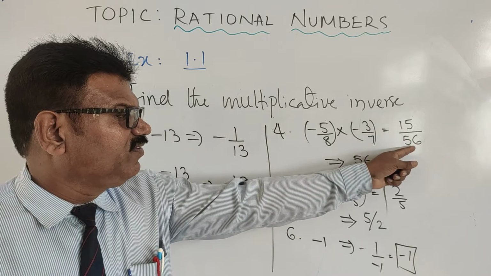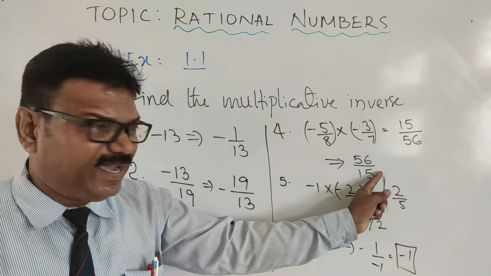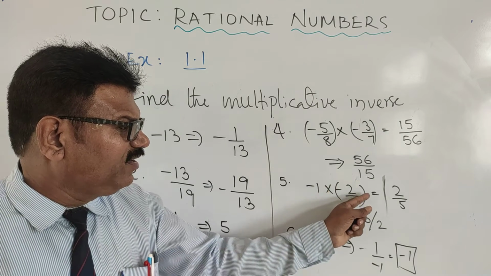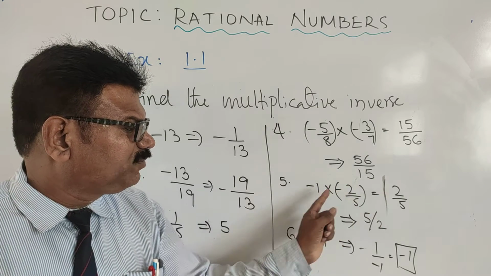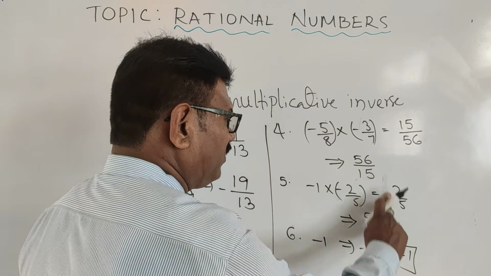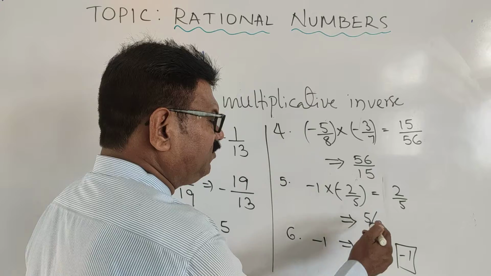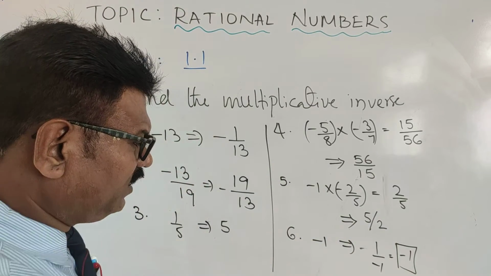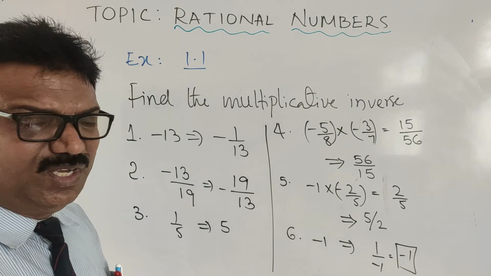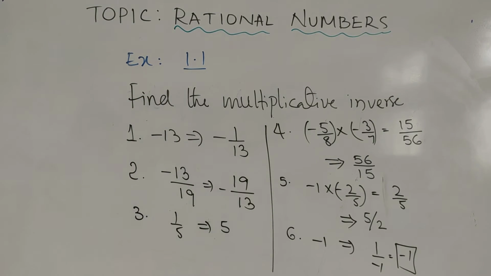We got 15 by 56. Therefore, the reverse is 56 by 15. Here minus 1 into minus 2 by 5 is plus 2 by 5. Therefore the multiplicative inverse is 5 by 2. Here minus 1: 1 by minus 1 is nothing but minus 1 only. Very simple.